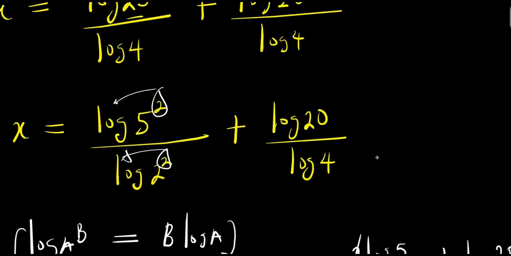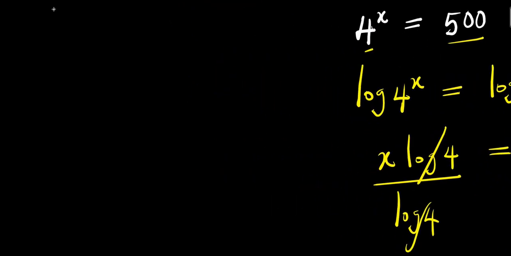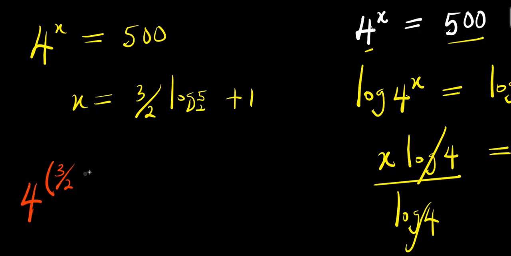We can set that value back right here, in 4 power x equals 500. X is 3 over 2 of log 5 to the base of 2 plus 1. Meaning 4 power 3 over 2 of log 5 to the base of 2 plus 1 equals 500.